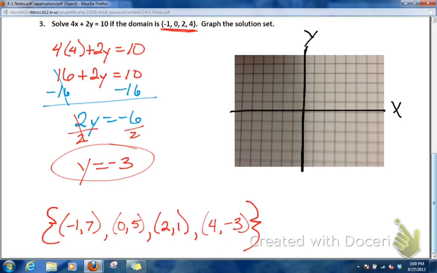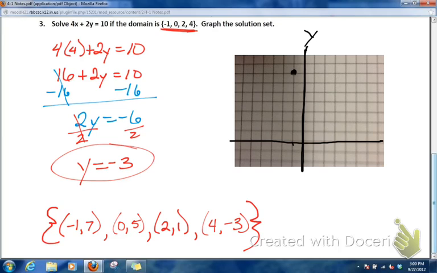-1, 7. I think I'm going to run out of room for that one. Let's back this up. Put my x-axis down here a little bit lower. -1, 7 would be -1, then 1, 2, 3, 4, 5, 6, 7. So right there.